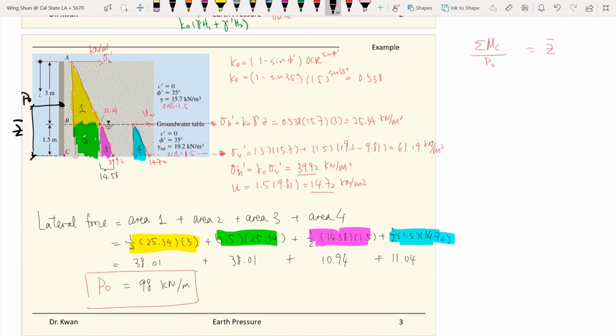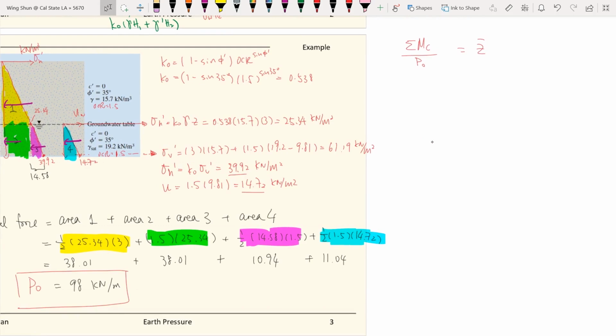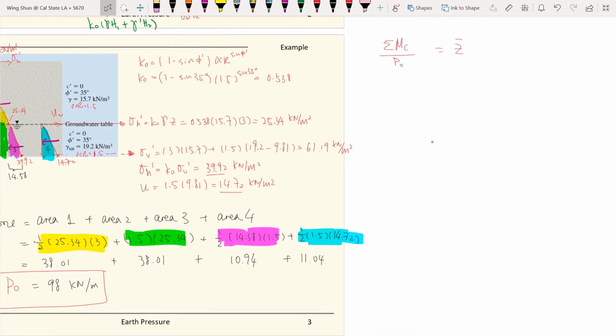This is the moment that we try to find. This force times the moment arm about C will resist all the moments provided by each of the loadings from the soil, including the water.